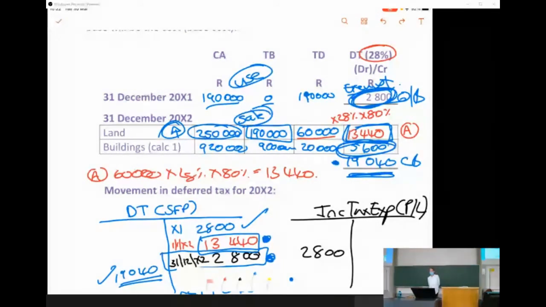Okay. Is the 80% CGT because the land is revalued in that year? Yes. Cool. Okay, because the moment we revalue, we now have a taxable temporary difference, but it's going to be taxed at the CGT rate.